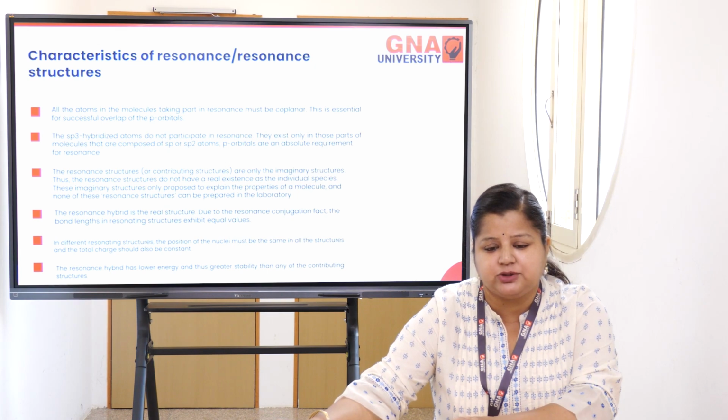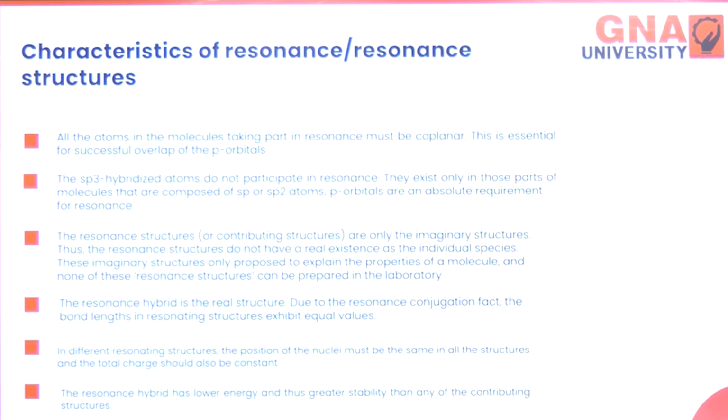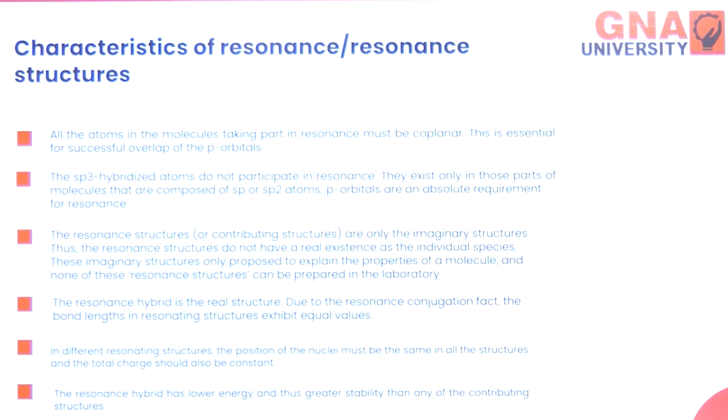The characteristics of resonance are: all the atoms in the molecule taking part in resonance must be coplanar, right? No sp3 hybridized atom should be there. All the atoms should be sp2 hybridized. The resonance structures, which are also known as contributory structures, are only imaginary structures, and the resonance hybrid is the real structure.